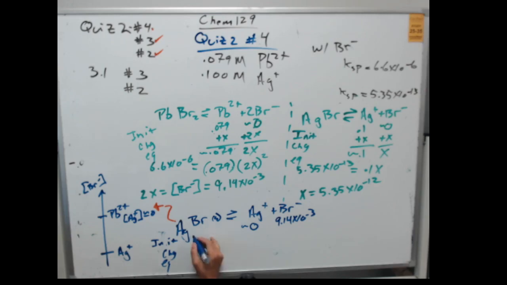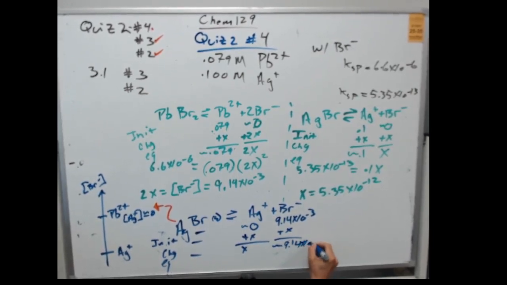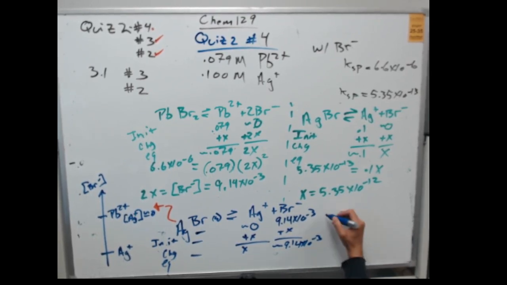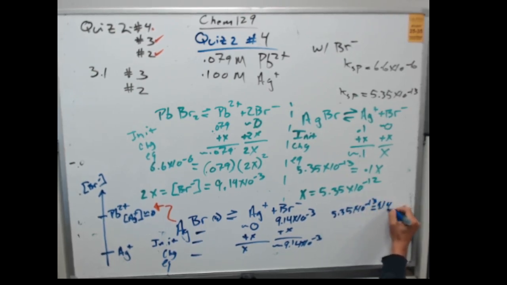Plus x, x, approximately 9.14 times 10 to the minus 3. And now we can solve. We're going to have 5.35 times 10 to the minus 13 equal to 9.14 times 10 to the minus 3 times x.